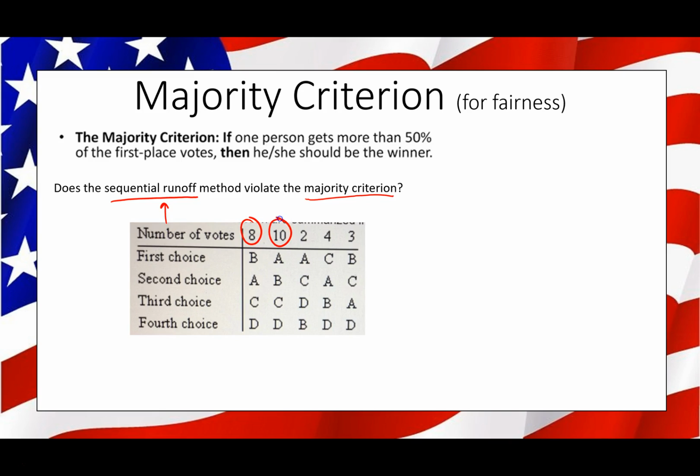So first of all, how many voters do we have? That's 18, 20, 27. So 27 voters times 0.5, and that gives me 13.5. So you would need 14 votes to have a majority. Is there any letter here that has 14 votes? Well, B has 8 first place, A has 12 first place, C has 4, and D has 3.